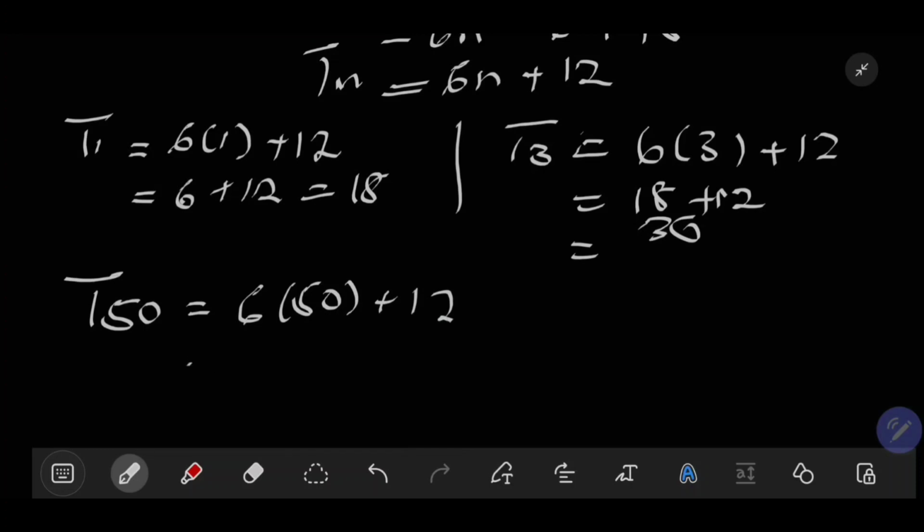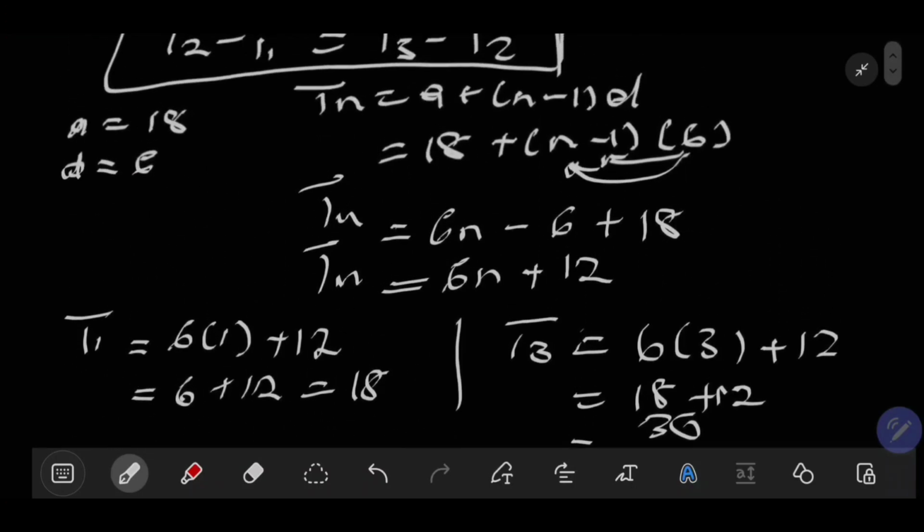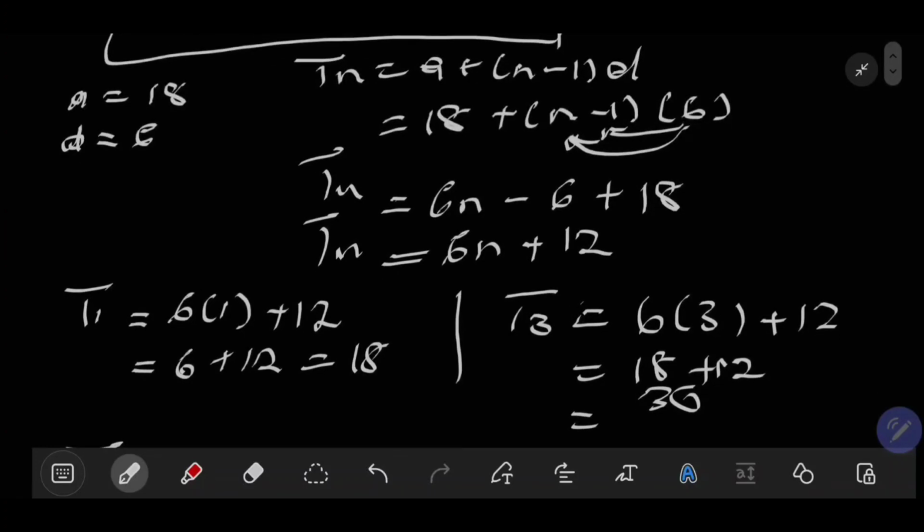When you take your calculator, 6 multiplied by 50 is 300, then plus 12, and we get 312. This is just an example of how to find the general rule and how to apply it.